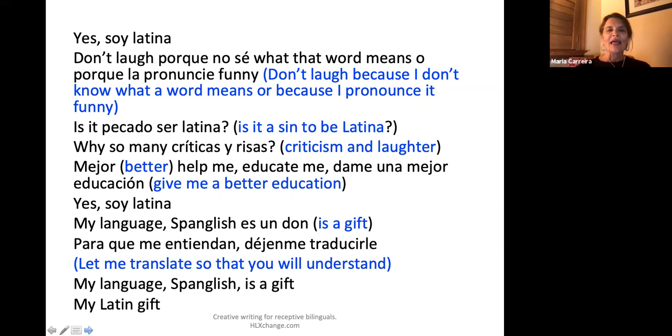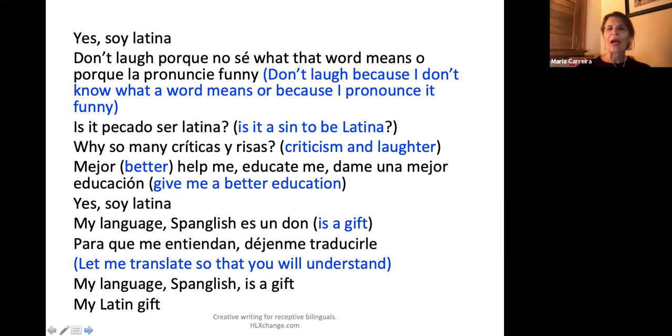This is a very moving poem that doesn't just use English to compensate for maybe things that the student might not have been able to express in Spanish, but actually uses English and Spanish in very strategic and poetic ways.